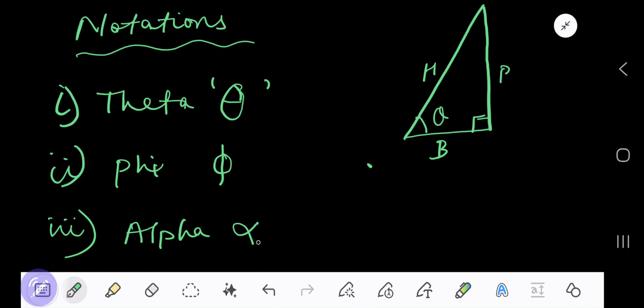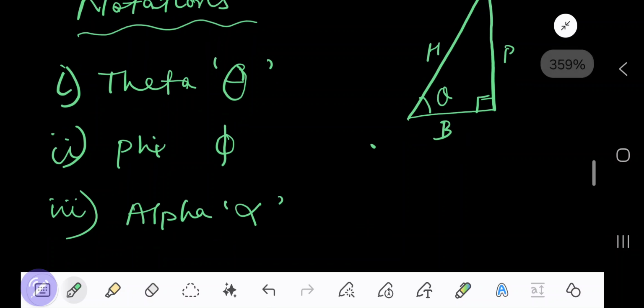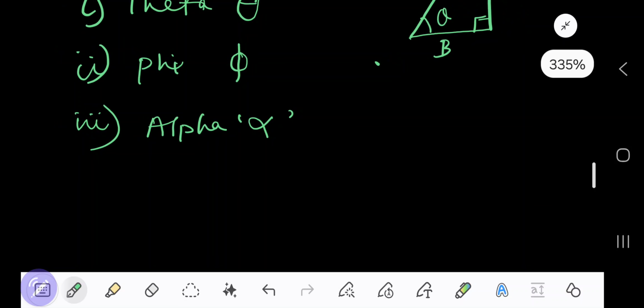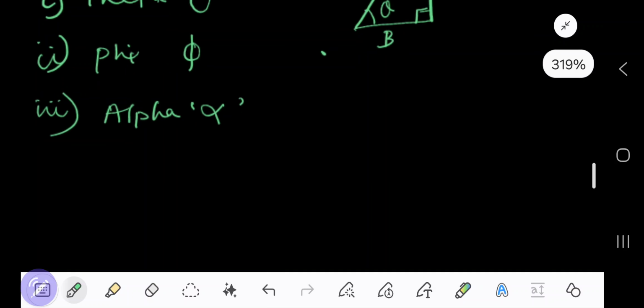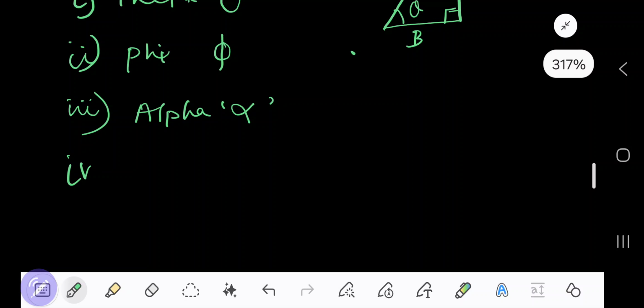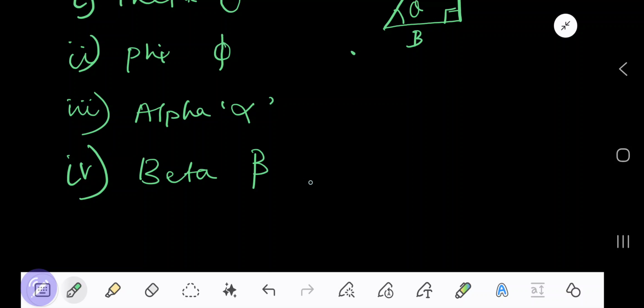But for now, I'm just going to draw alpha like this, which is what you'll see in most places. Then our next one is beta, and beta is drawn like this, and our last one is gamma, drawn like this.